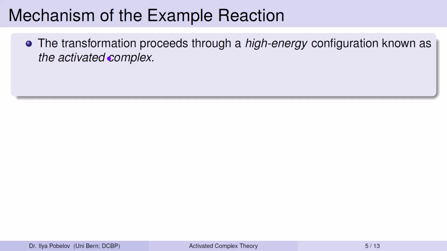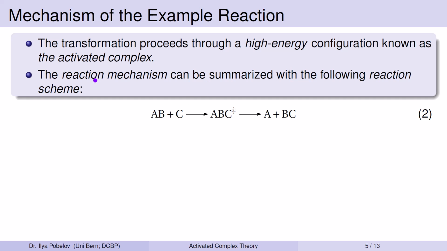If we look at the details of this reaction, we discover that this transformation proceeds through a high-energy configuration known as the activated complex. We can summarize the entire process, the reaction mechanism, with the following reaction scheme.